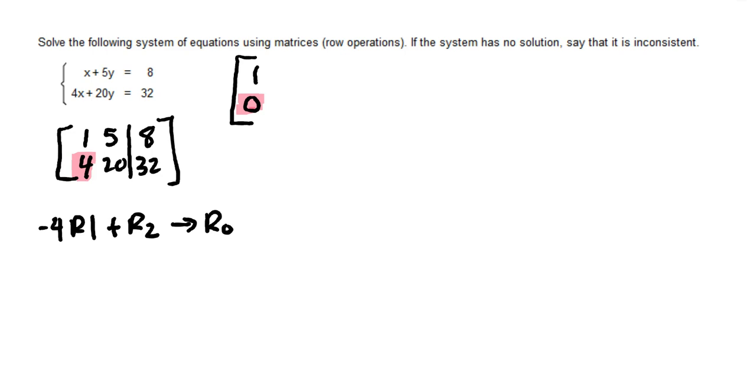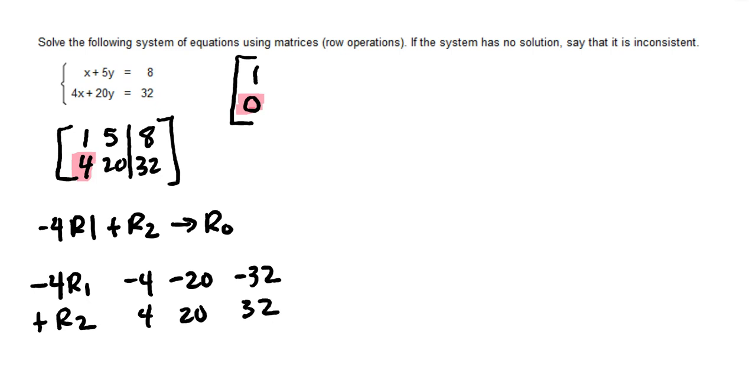So I'll do the math right here. -4 times row 1 would be -4, -20, and -32. I'm going to add that to row 2, which is 4, 20, and 32.